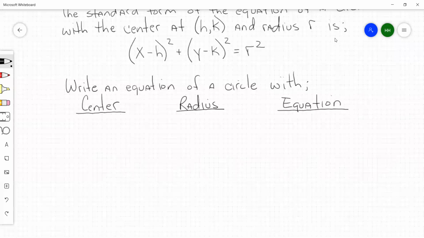So the first part of your assignment today, I'm going to give you the center, give you the radius, and ask you to write the equation.